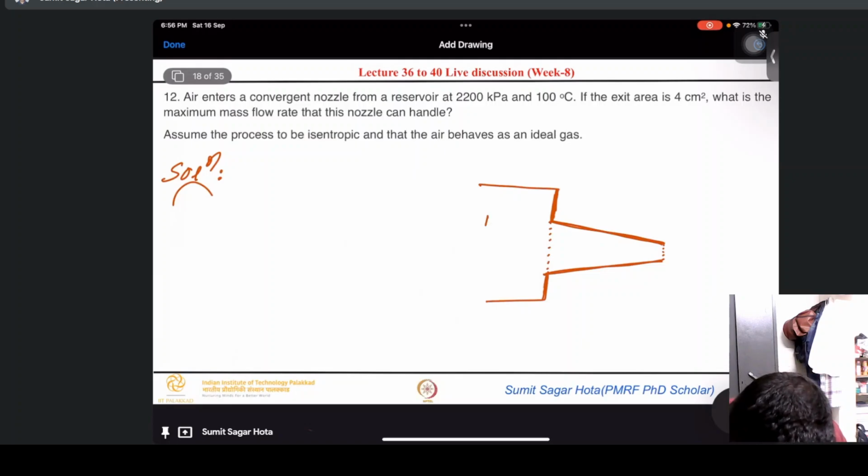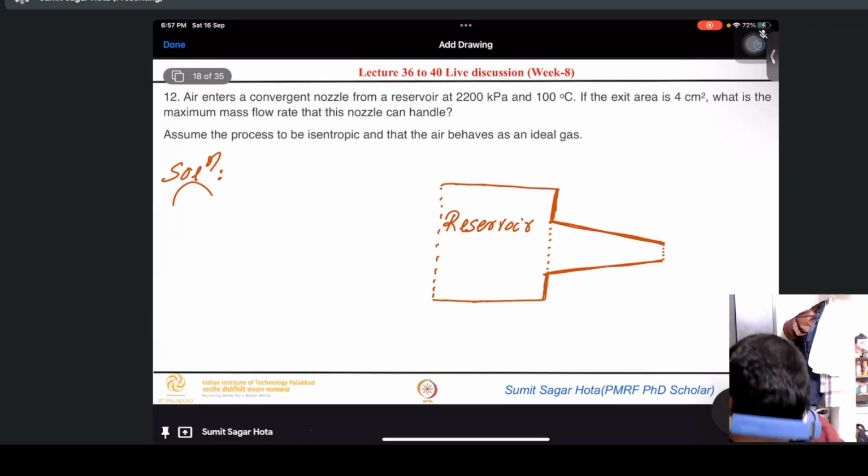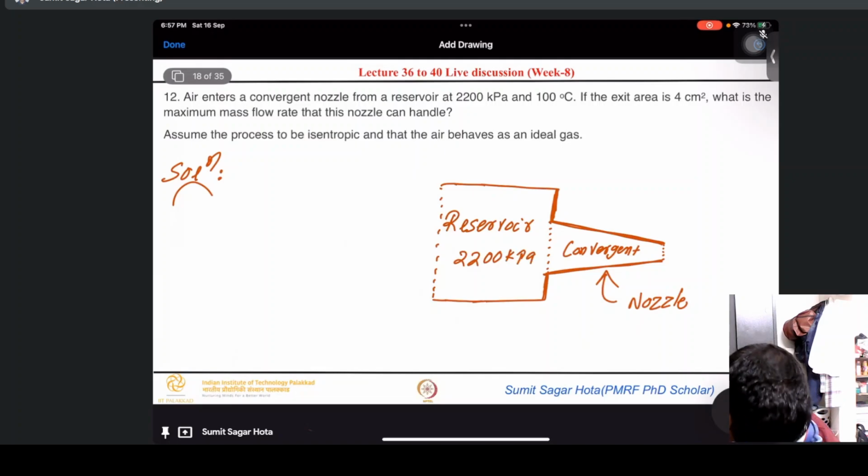So this is your reservoir, and this is your convergent nozzle, with 2200 kilopascal and 100 degrees Celsius.